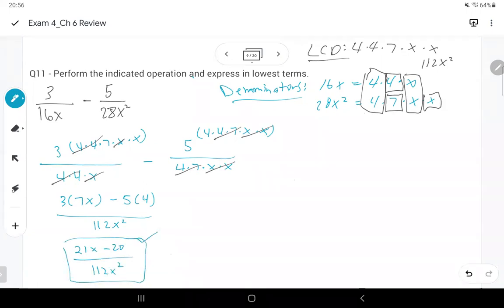Okay, that's the option that I recommend because it's actually using the LCD.